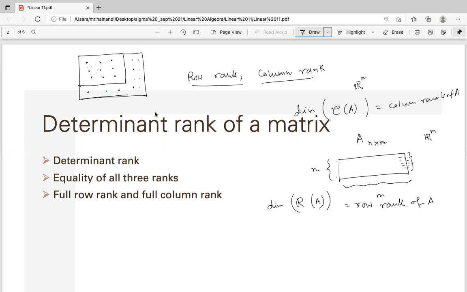Now the important thing is that these 3 ranks are equal, and this common value is called the rank of a matrix. The rank of a matrix is nothing but the common value of column rank, row rank, and determinant rank. Now why are these 3 equal? It's a very important question.